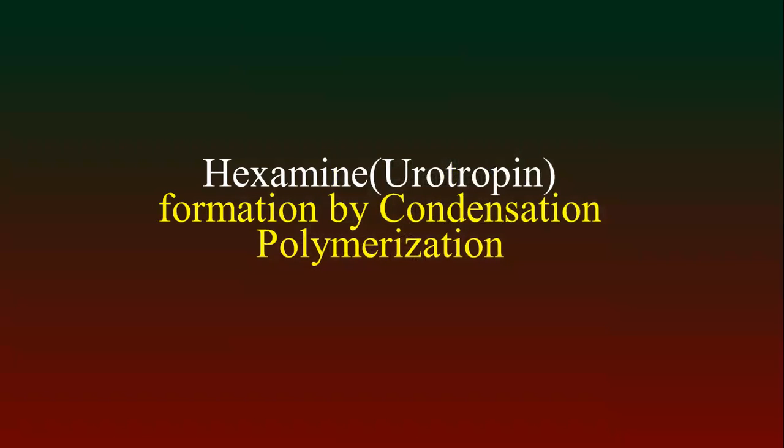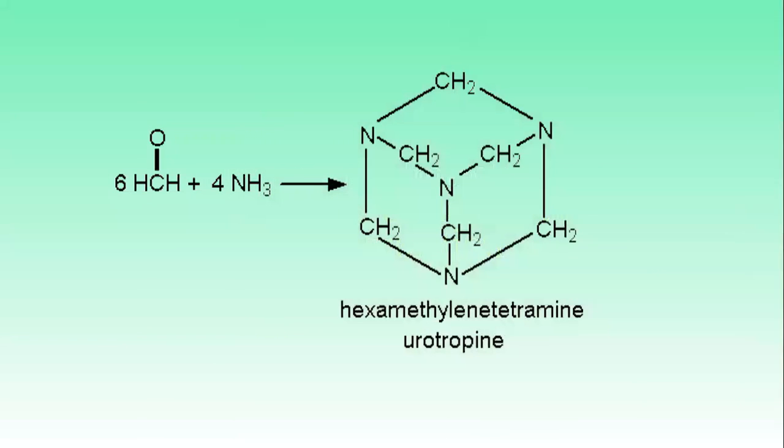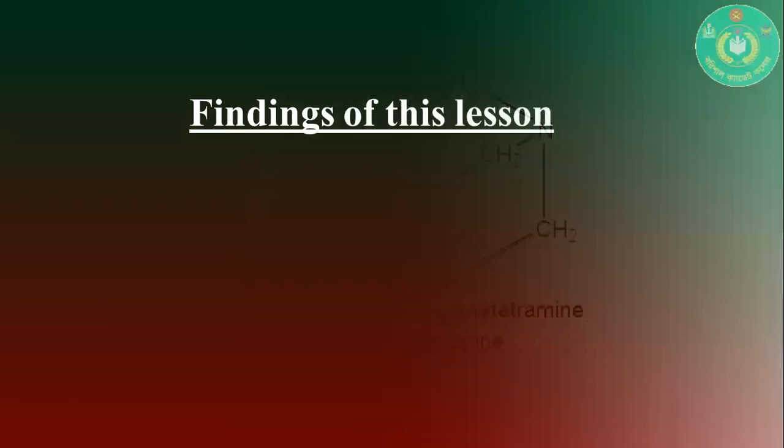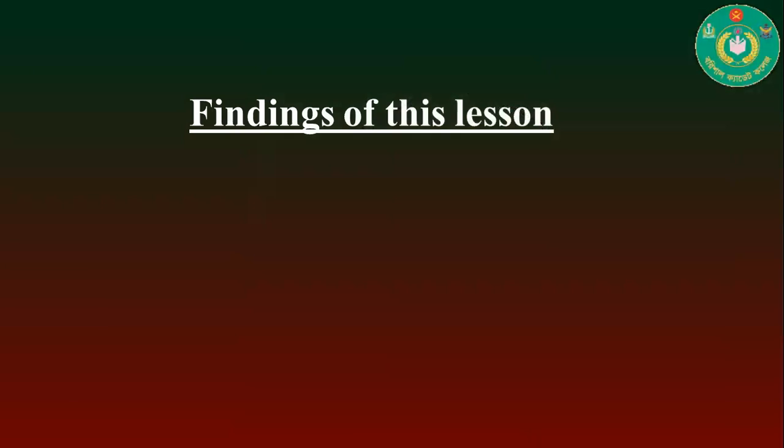Now the next one, the hexamine or urotropin polymeric compound preparation by condensation polymerization. For this preparation, just use ammonia molecules with formaldehyde molecules. After polymerization, we'll get the urotropin polymeric compound.